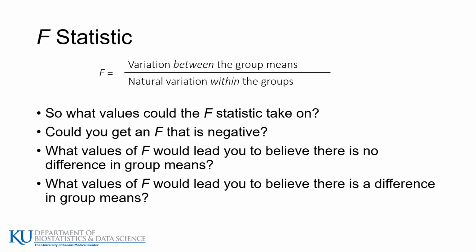So this suggests that there's no strong evidence of a difference between the groups. On the other hand, if the group means are very different, then the between group variance will be very large compared to the within group variance. So here the F statistic would be much larger, which would increase the chances of us rejecting the null hypothesis.